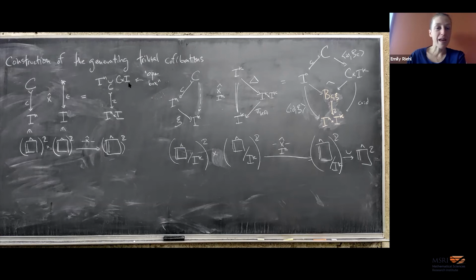And then in the domain, I'm going to form a push-out of various things. What it reduces to in this case is gluing c times I to the n cube along c.